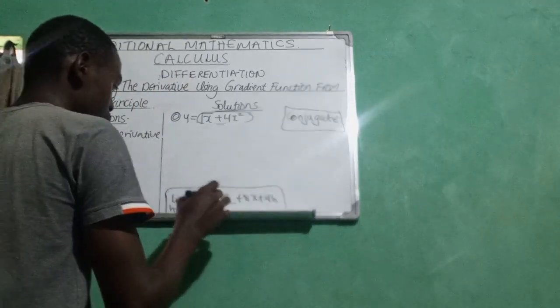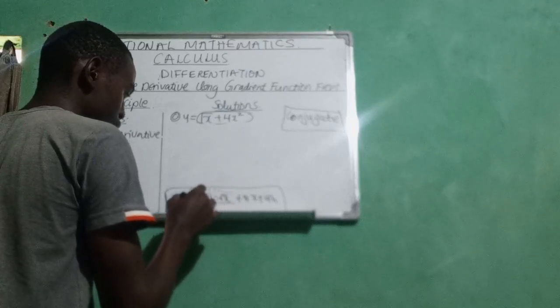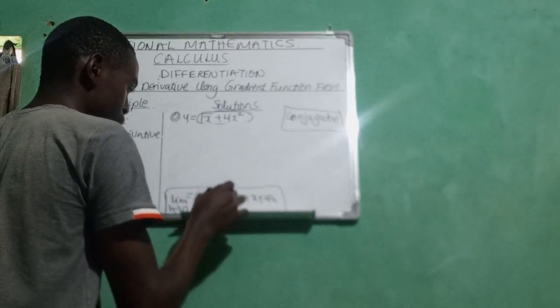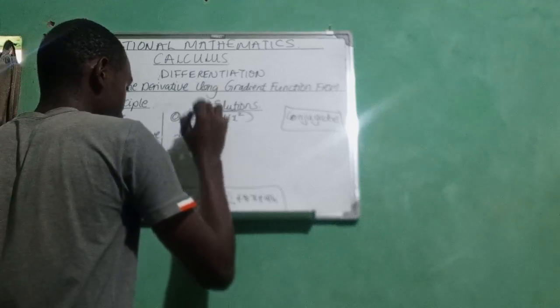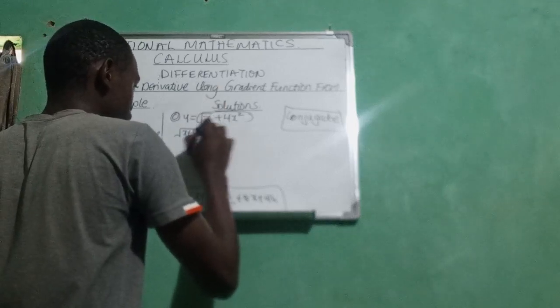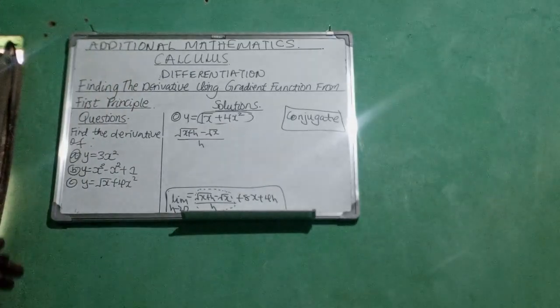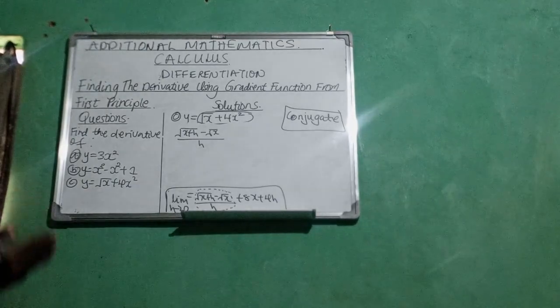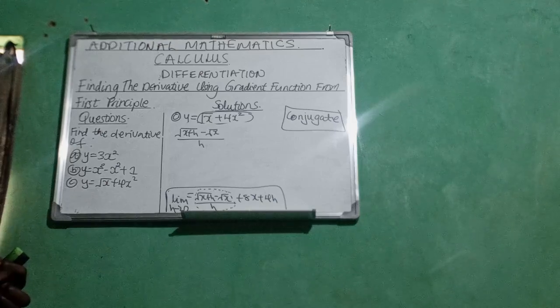So here we are going to take this part of the limit: the square root of x plus h minus square root of x divided by h. We conjugate. Conjugate means multiplying by the opposite. When I was rationalizing that denominator, I multiplied by the same denominator.